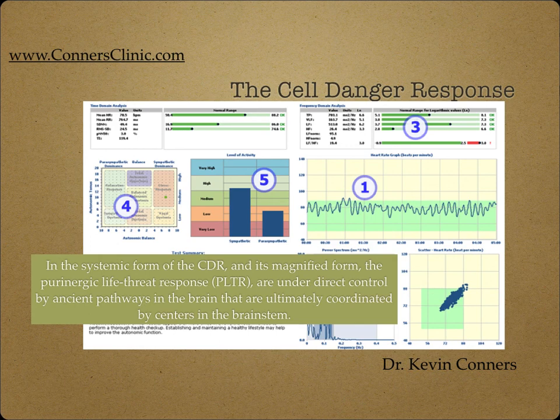So when our nervous system senses any sort of danger, we'll go into a sympathetic response. And a whole bunch of different chemical things take place, different hormonal changes take place in order for us to overcome that stressor or that injury.